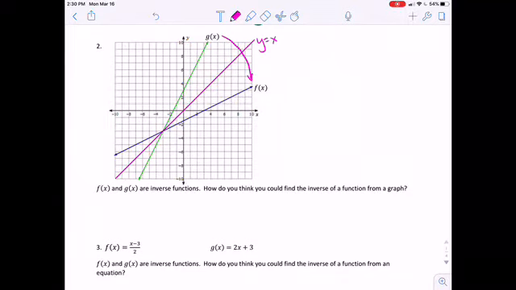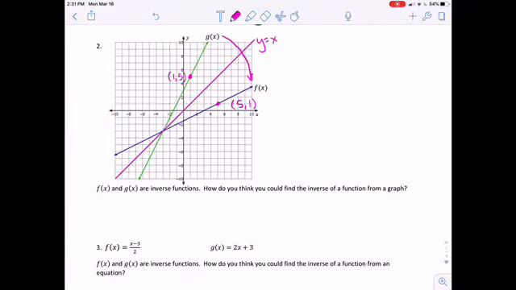We also recognize that they're inverses because we can look at the individual coordinate points. For example, here on f of x, this point that I'm marking is the point 5, 1. Well, if I switch the x and y, I get the point 1, 5, which is this point right here. And you notice that that point is on my g of x function.